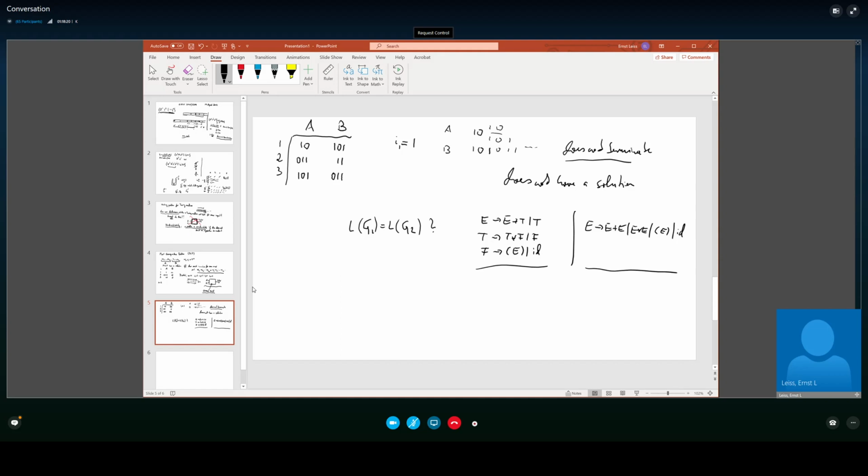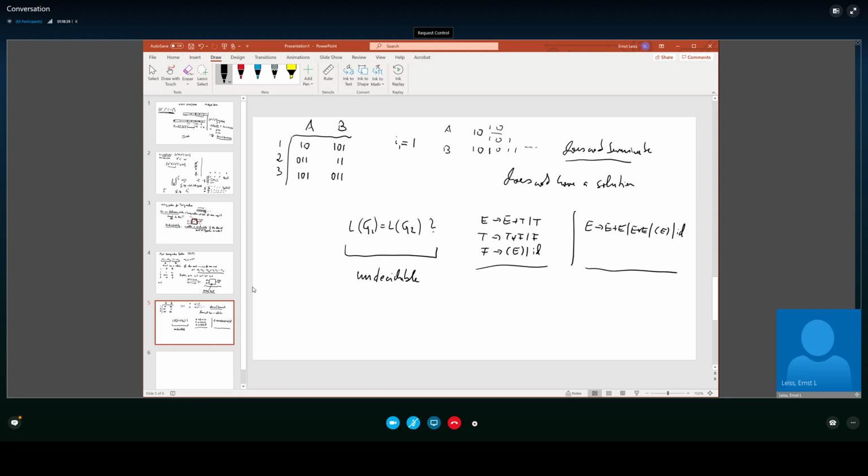So in this particular case, we can immediately say, yes, these two generate exactly the same language. Unfortunately, this is undecidable in general.